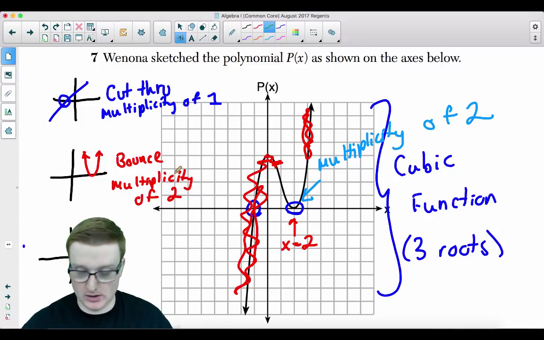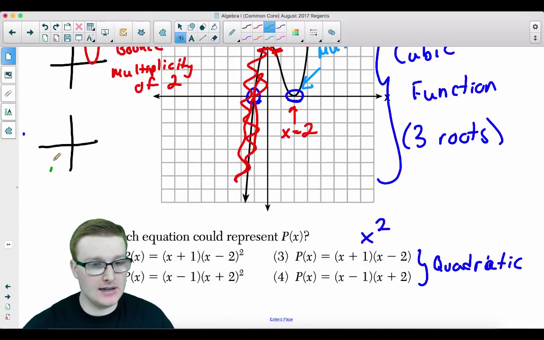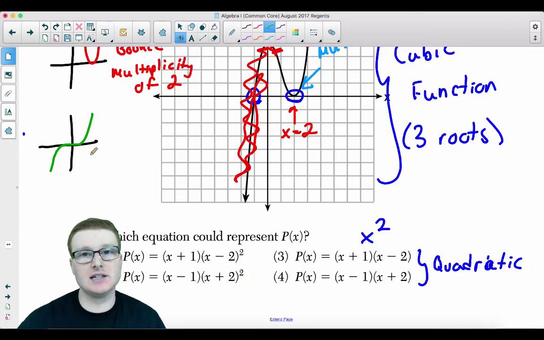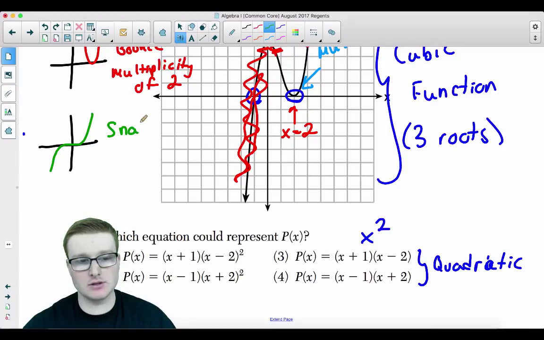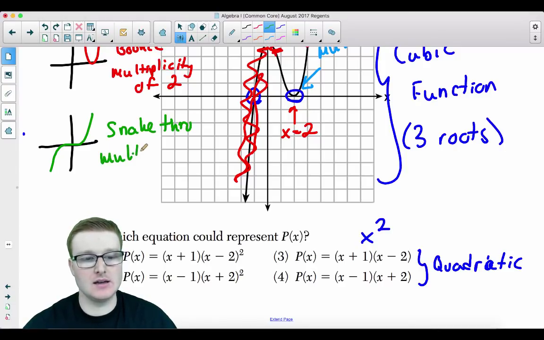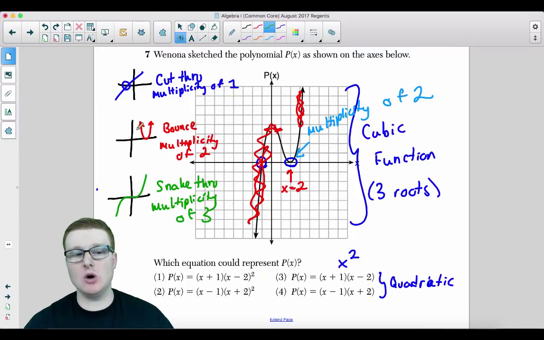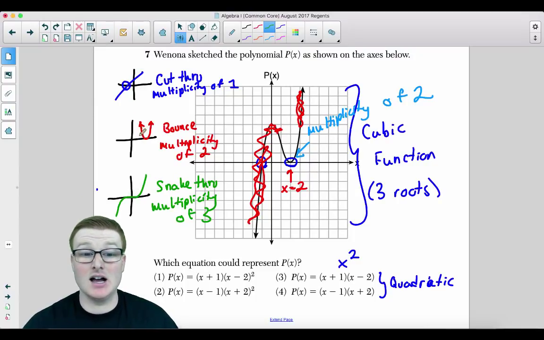So let me show you the last one. The last one is actually, it slithers through the x-axis, so I call this a snake through. And as you would assume, this has a multiplicity of 3. Okay? So that's all you need to know about what multiplicity is.